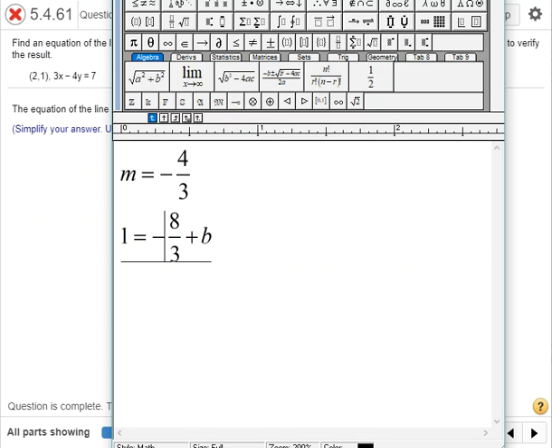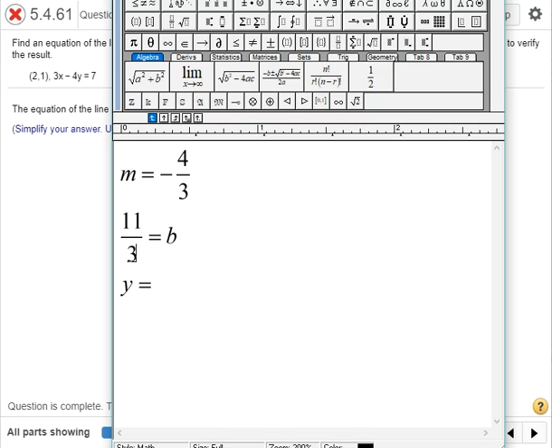Since that's negative, I'm going to add it to the other side to solve for b. 1 as a fraction would be the same thing as 3/3, and 3 plus 8 is 11, so b is 11/3.